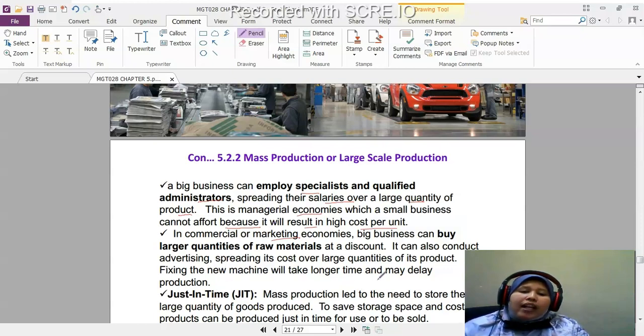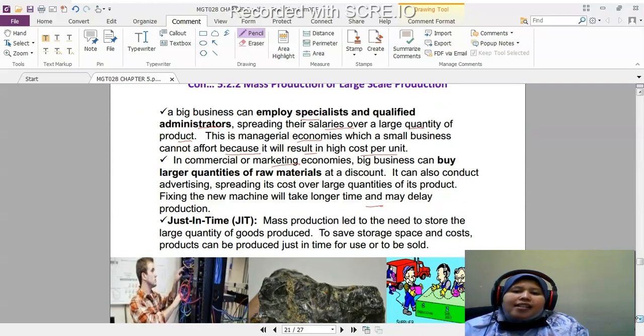Fixing the new machine will take longer time and may delay production. So, just in time: mass production will lead to the need to store the large quantity of goods produced. To save storage space and cost, products can be produced just in time for use or to be sold. Maksudnya, dalam masa yang singkat kita boleh terus jual barang kita.